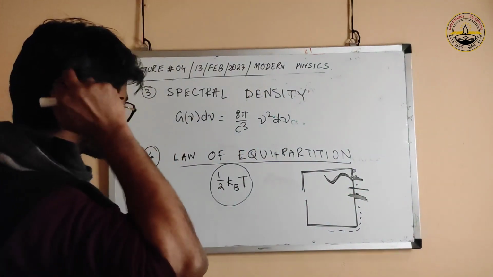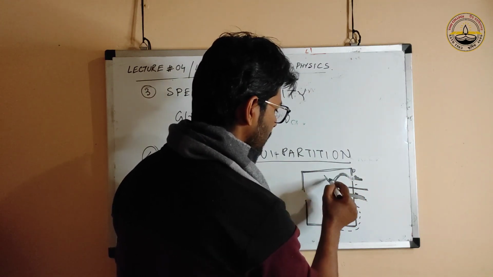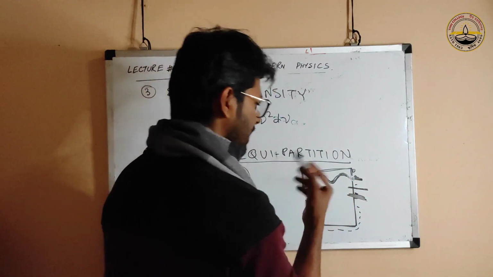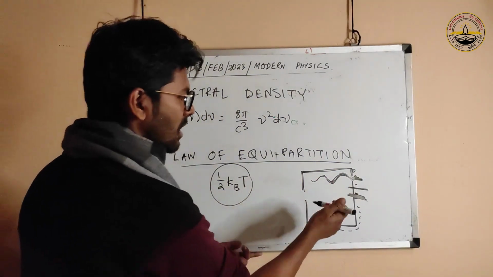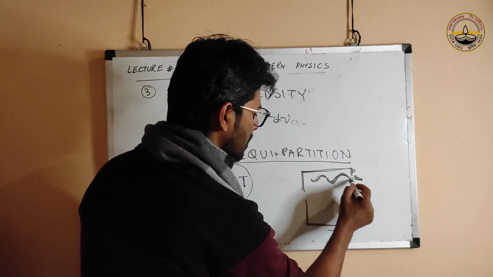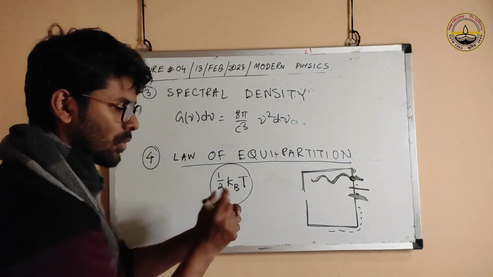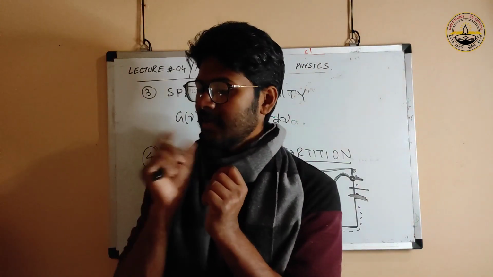And therefore, the energy that we are considering, the energy of the waves, is really coming from the energy of these oscillating states. So a molecule is oscillating like this.